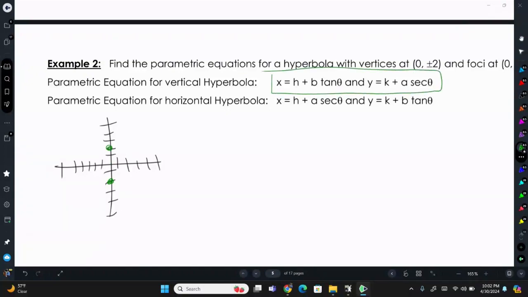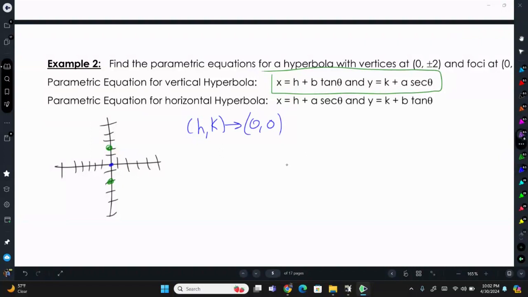So this is the one that we're going to be using. And then our center, our h and k, is going to be exactly halfway through, which is going to be at 0, 0. Oh, that's nice. h, k is at 0, 0.